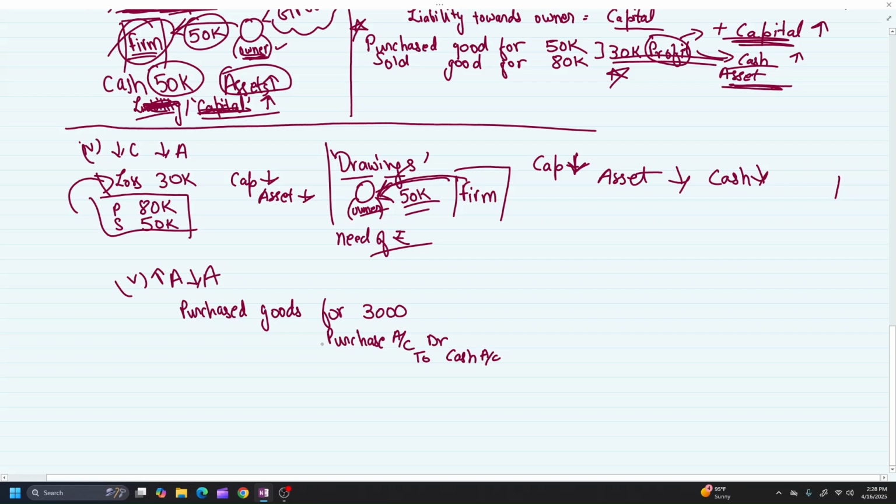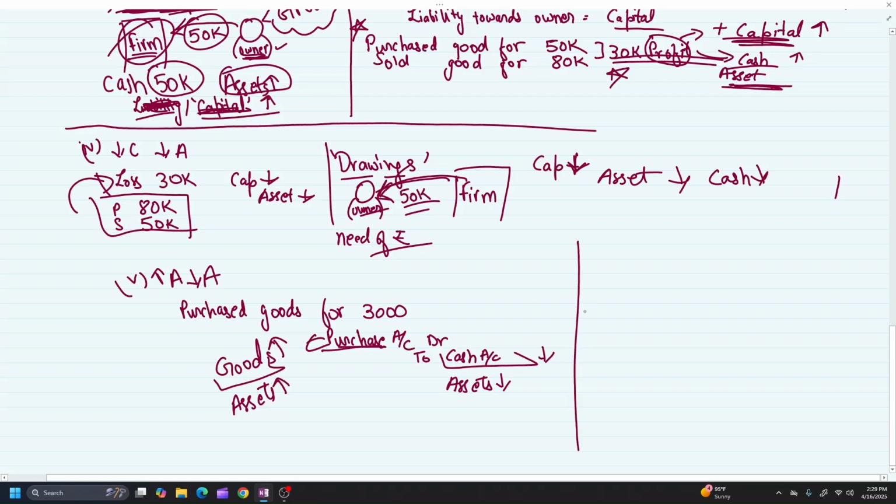Now purchase, what do you purchase? Goods. Goods क्या है? Assets. Cash क्या है? Assets. So you are decreasing your cash, you are decreasing one asset, and you are getting goods, you are increasing goods, you are increasing another asset.